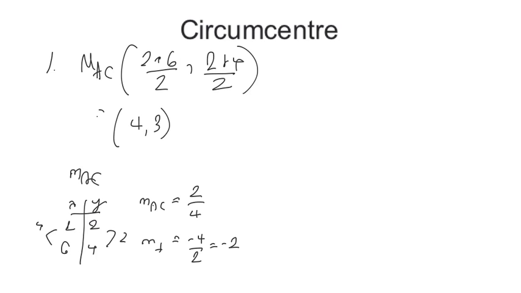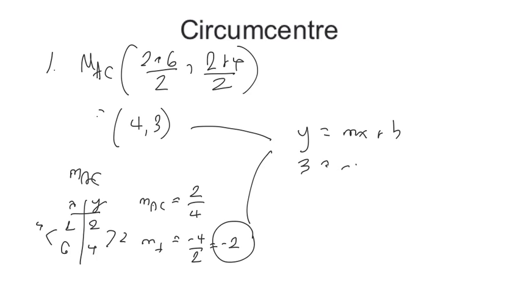So now I have everything I need to put it into y equals mx plus b. So the y in this case is 3, the slope is negative 2, the x is 4, and the b I don't know.